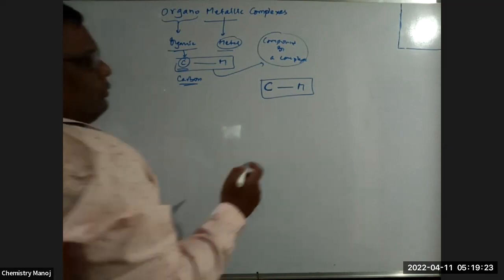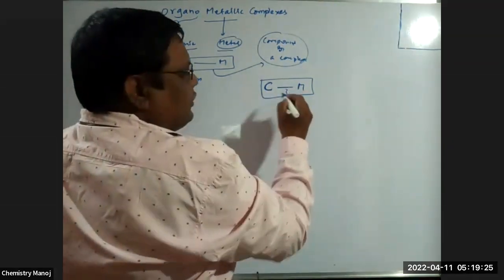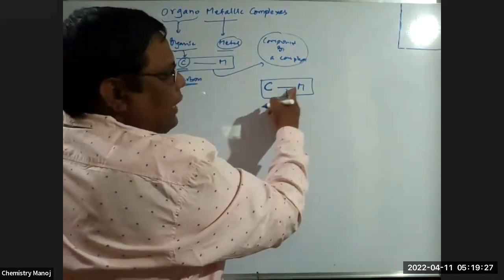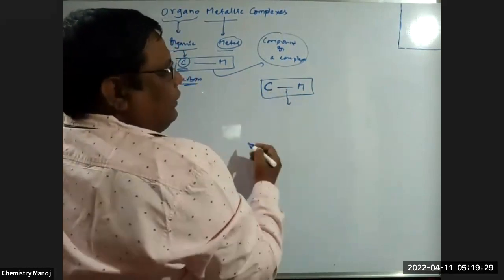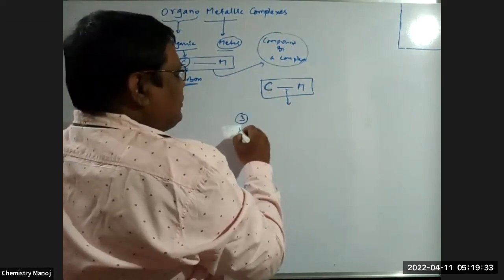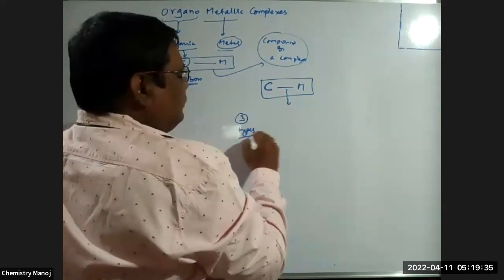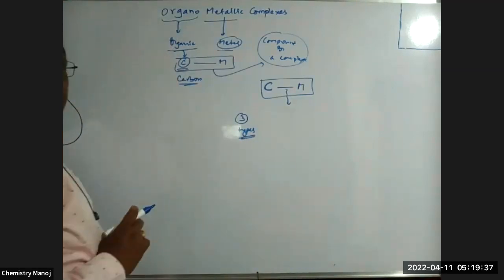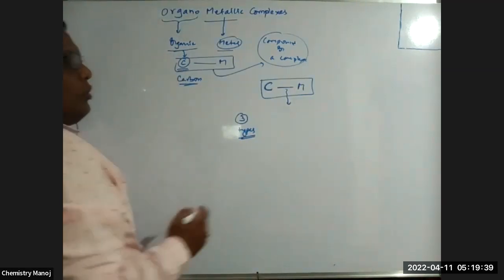Depending on the type of bond between carbon and metal, these organometallic compounds are broadly divided into three types. What are those?